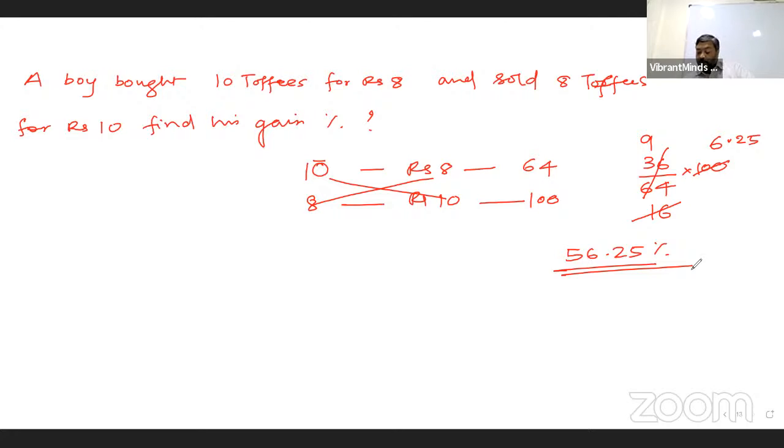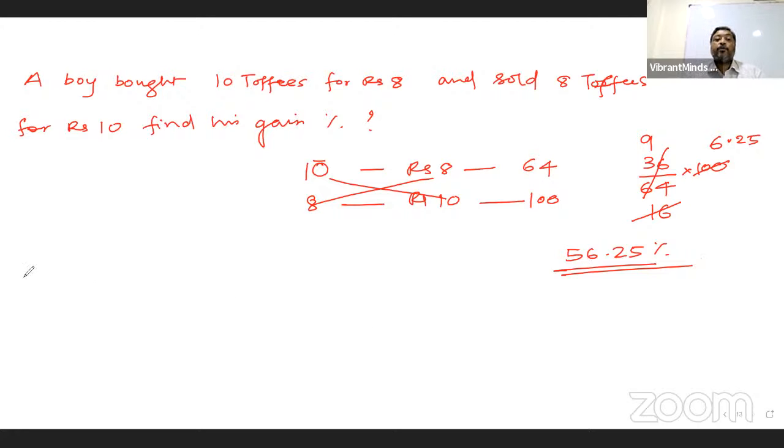So 54 plus 2.25, it is 56.25. And the answer you get is 56.25% profit. Is it clear, guys? Okay. Go ahead with the next question.